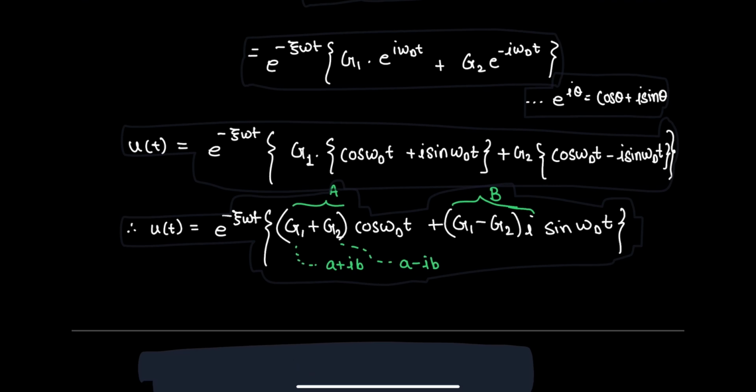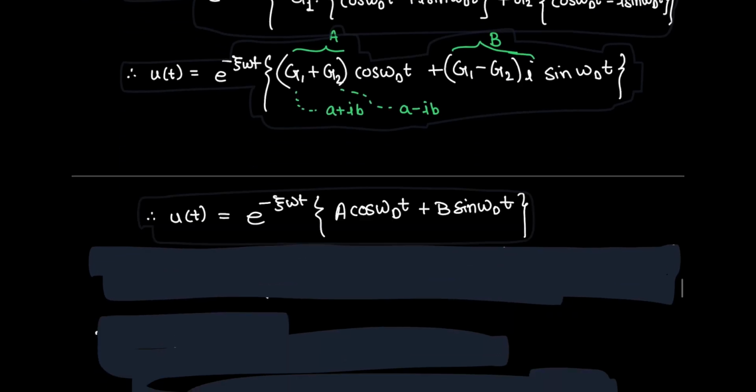At this stage, G1 and G2 are complex conjugates of each other, due to which we only have the real part of it by the addition and subtraction of it. But even if that is kept aside, we may say that G1 plus G2 can be called another arbitrary constant A, and G1 minus G2 times i is B. We substitute it and have this equation.